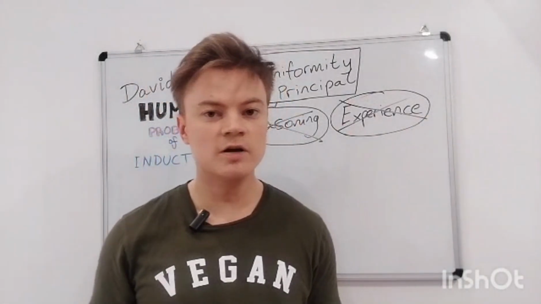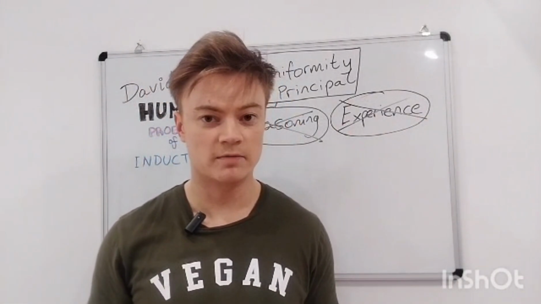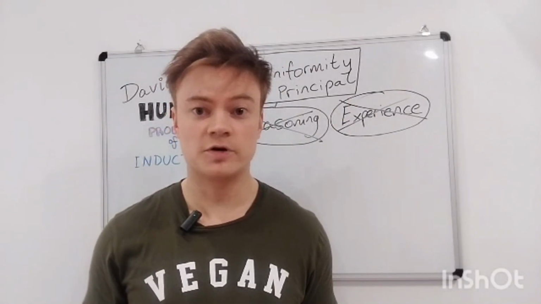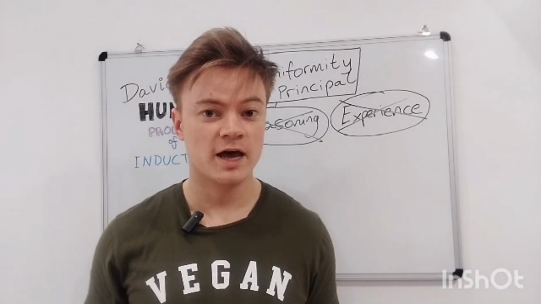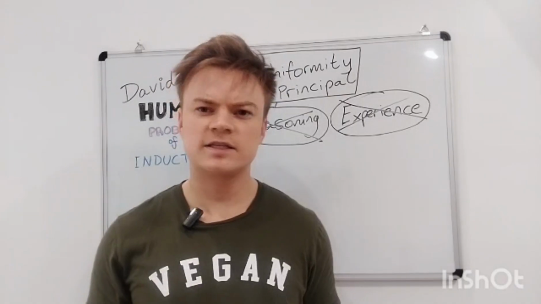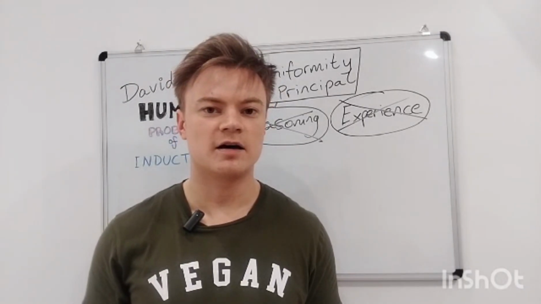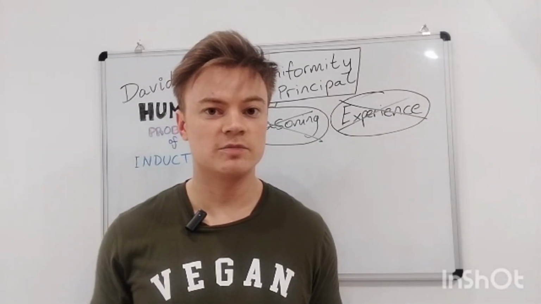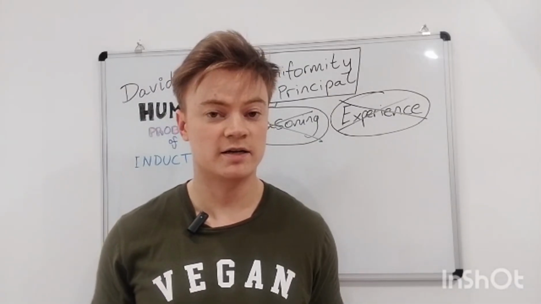So it turns out that, contrary to what we might first have thought, we seemingly have no justification for the uniformity principle at all, and therefore no justification for induction. This is a deeply unintuitive idea, but it seems, at least again on first blush, that Hume's argument seems watertight.